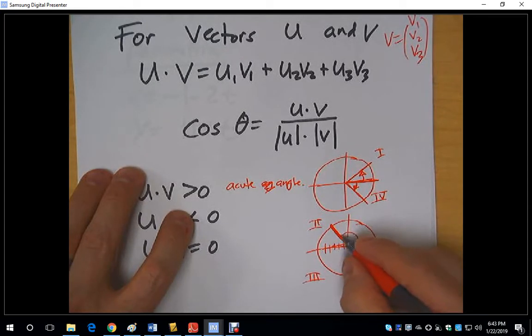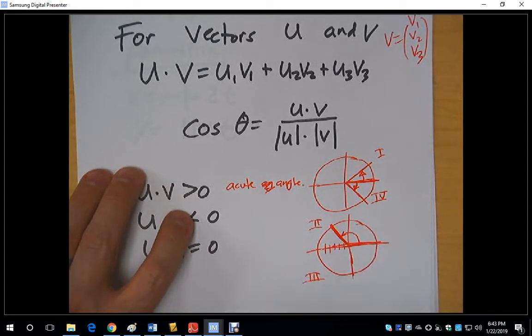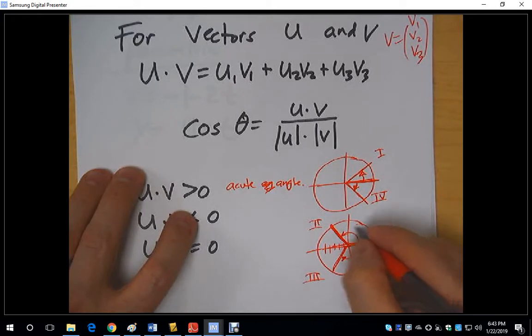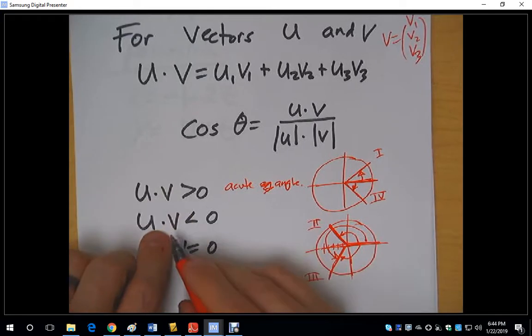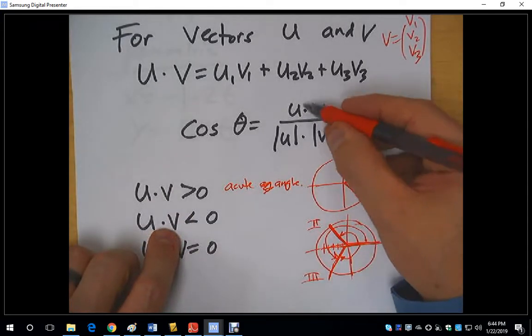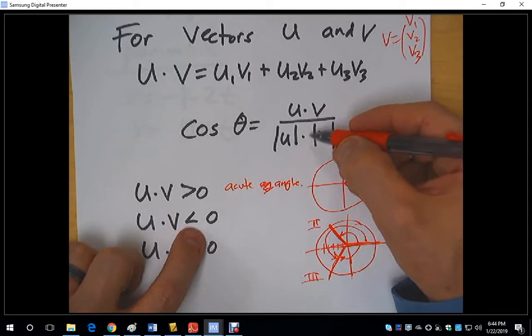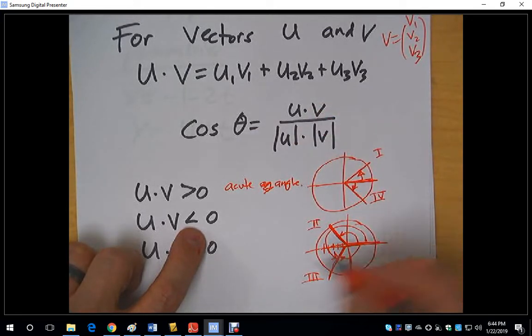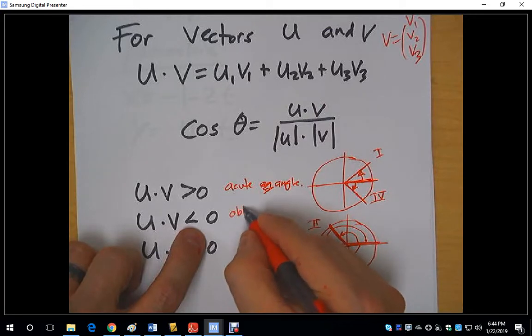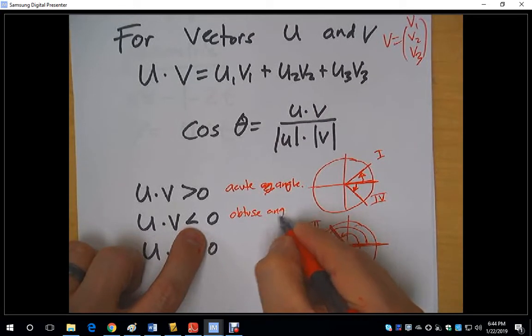This could be a rotation from our initial side, or a rotation the other way around, or many different rotations, as long as our terminal side is in the second or the third quadrant. So if u dot v is negative, then I have a negative over a positive. I have cosine theta, which is negative. That means we terminate in the second or third quadrant, so we have an obtuse angle.